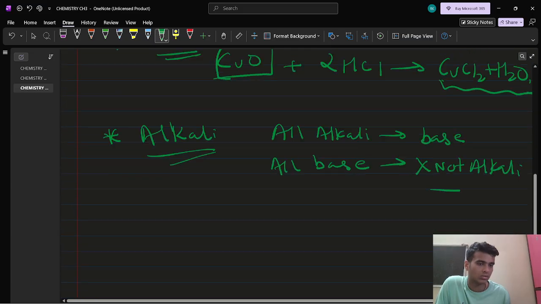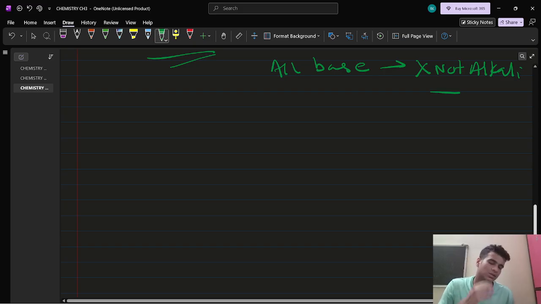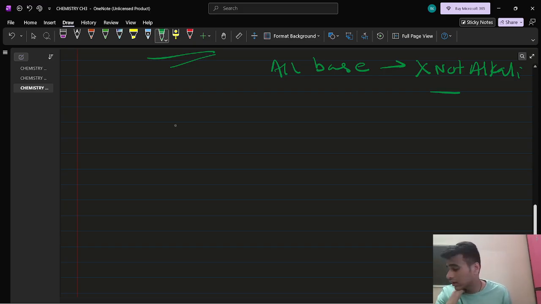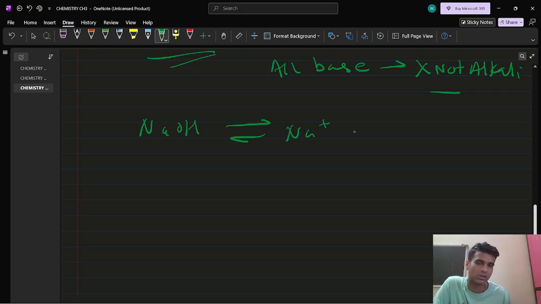See, the textbook says that alkali is a compound which yields hydroxyl ion as the only negatively charged ion. Simple, same as acid. So when I add NaOH to water, I am going to get Na plus OH minus.